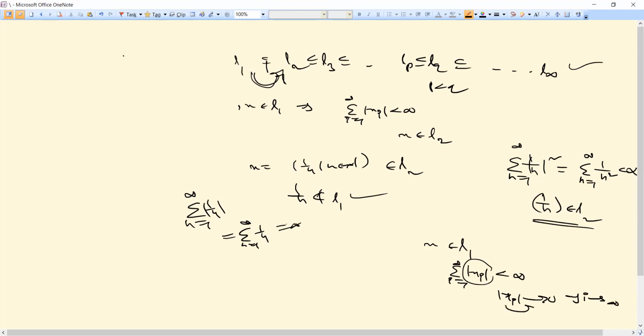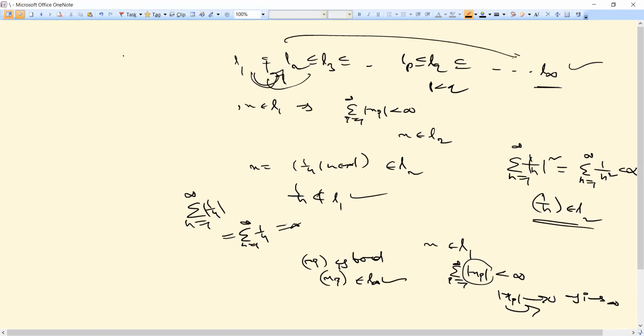Every convergent sequence is bounded, therefore xi is bounded and this sequence is in L infinity. Therefore L1 is always a subset of L infinity, and of course L2 is also a subset of L infinity. Is it clear? Yes, sir.